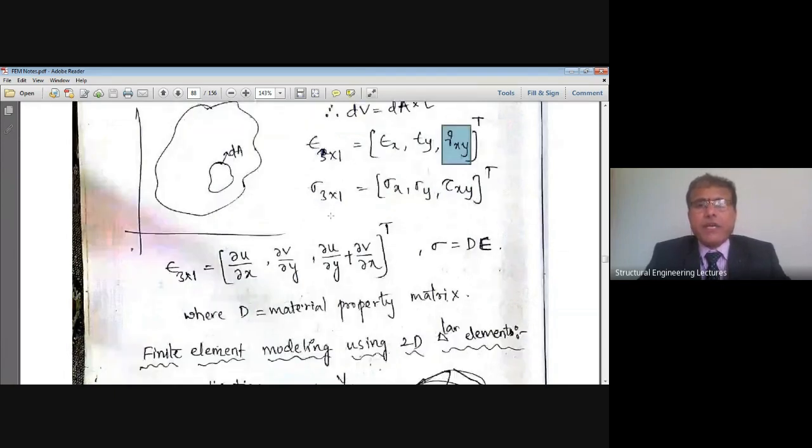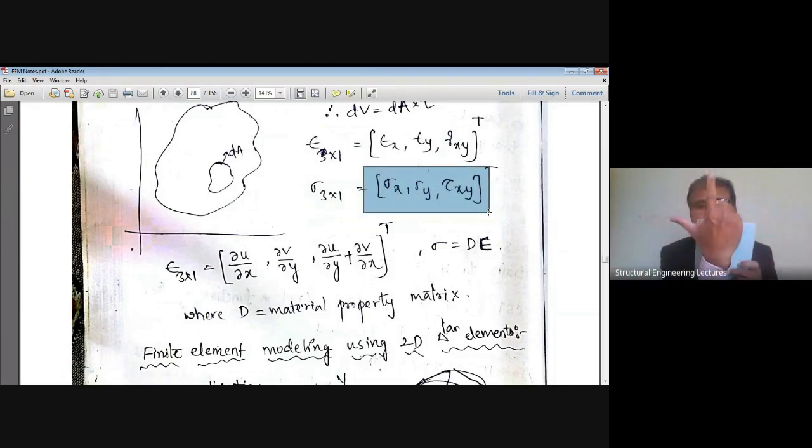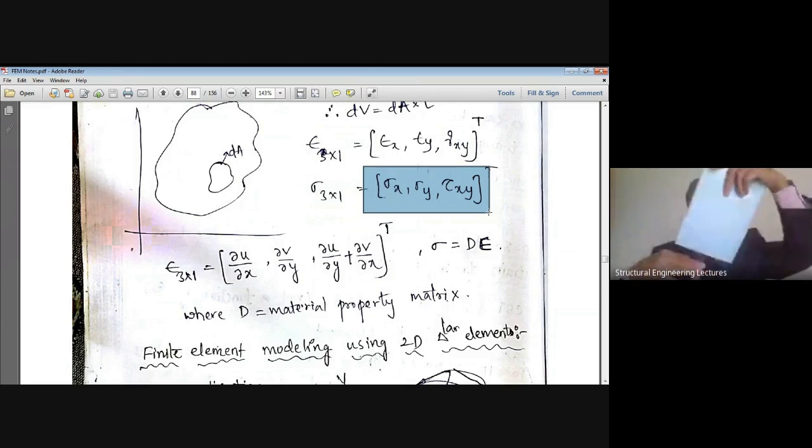Corresponding to these strains, we do have the stresses, given by sigma, a 3 by 1 vector, and this is given by sigma x, sigma y, the direct stresses along the two Cartesian coordinate directions x and y, and the shearing stress tau xy.